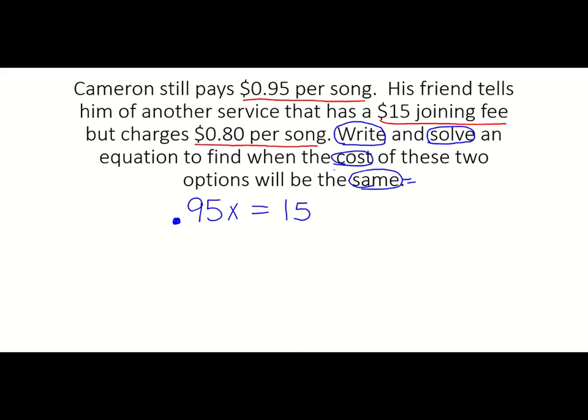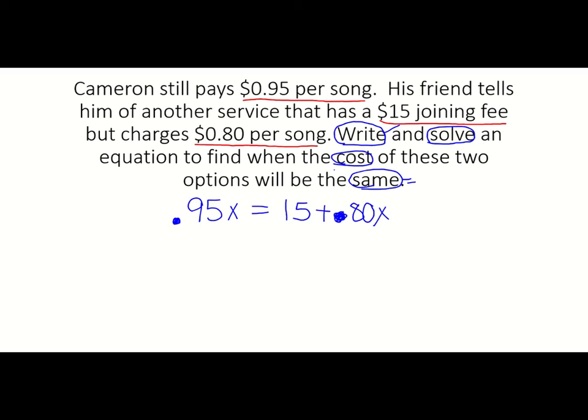So that's going to be a one-time fee plus 80 cents per song. So plus 0.80x. So 15 plus 0.80x. So now that we have written the equation, we want to solve the equation.